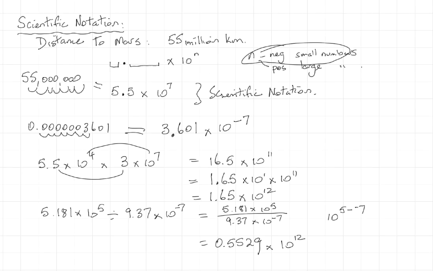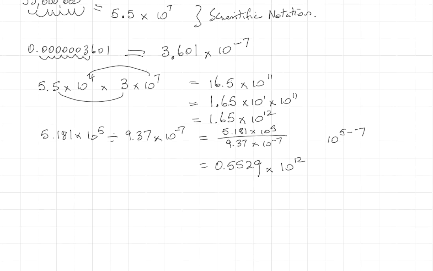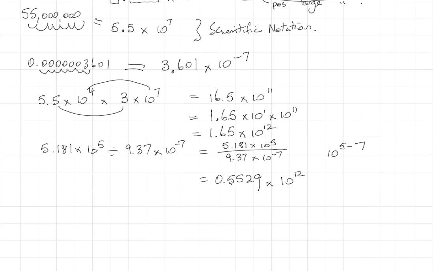Now that's not correct yet, because we know that we've got to have a number before the decimal place. So that'll be 5.529 times 10 to the minus 1. 10 to the minus 1 means move the decimal place one spot that way, times 10 to the power of 12.